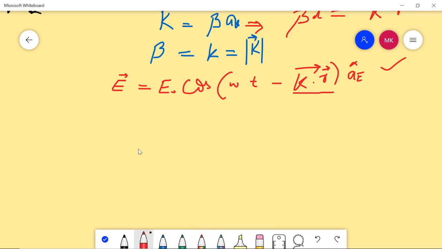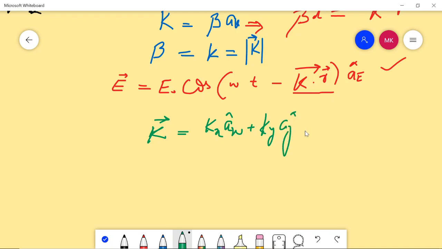Next, K is a vector, so you can decompose it into unit vectors: Kx ax plus Ky ay plus Kz az.